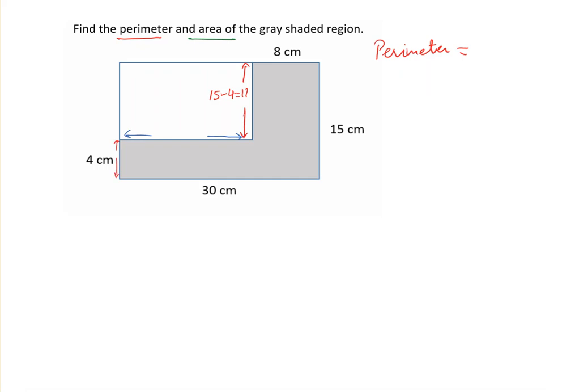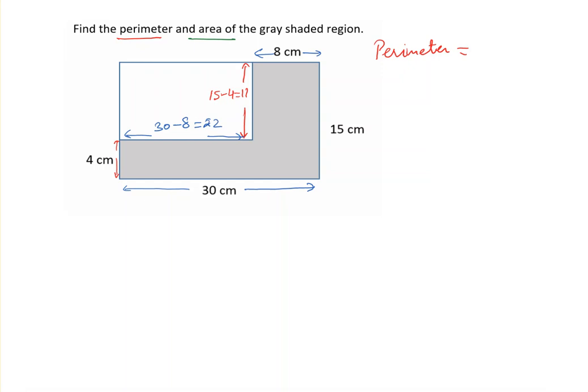Similarly, if you want to figure out the other one, this would be 30, because this total length is 30, and then we have this 8. So we can just do 30 minus 8, which would be 22. Right, so now we can figure out our perimeter.